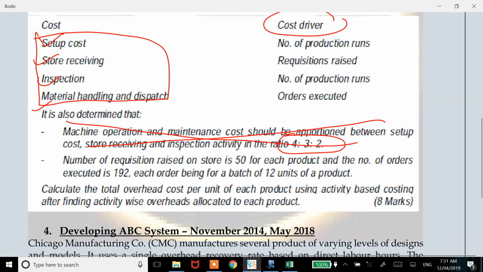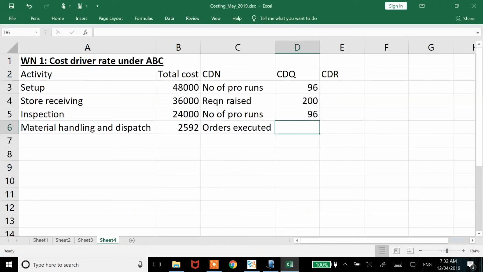Orders executed is 192, and they're saying each order is for 12. Like we divided by 24, here I should technically divide by 12 for every product. The overall number is given in the question: 192. And CDR is second column divided by fourth column, total cost by cost driver quantity.